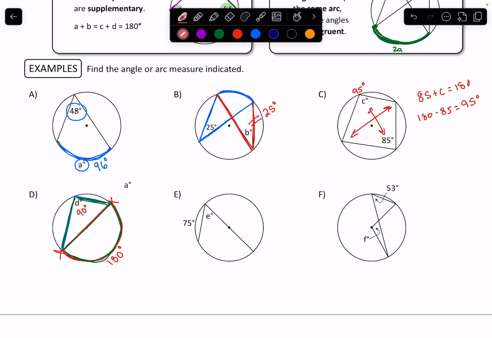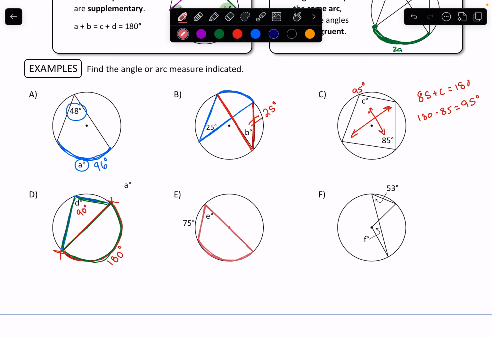All right, E, I'm looking for little e, and one edge of little e, this side right here, goes through the diameter. The other side, this one right here, connects to the side of the circle, and I'm looking for the inscribed angle. Well, that inscribed angle is connected to this arc on the outside.